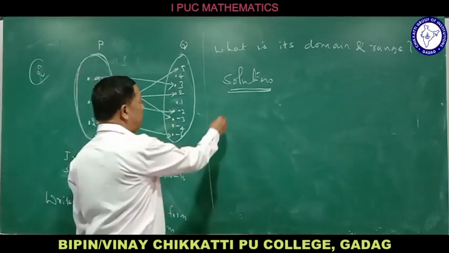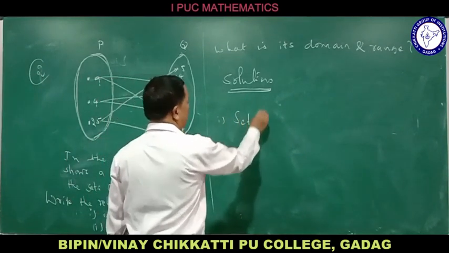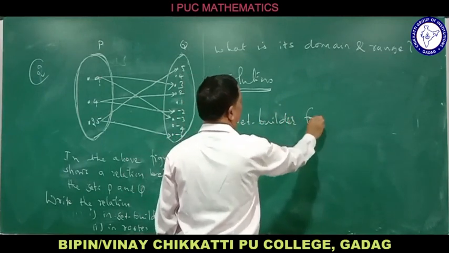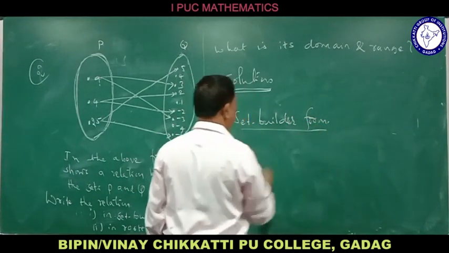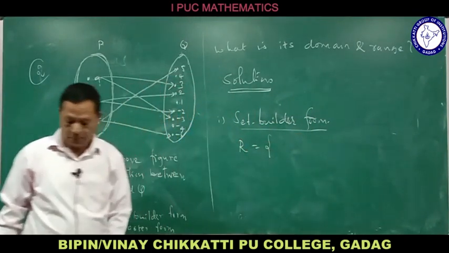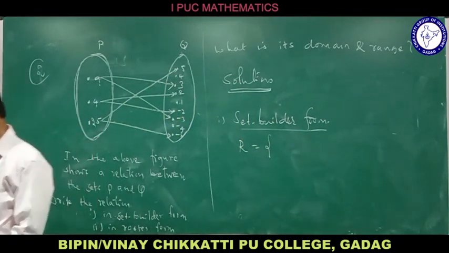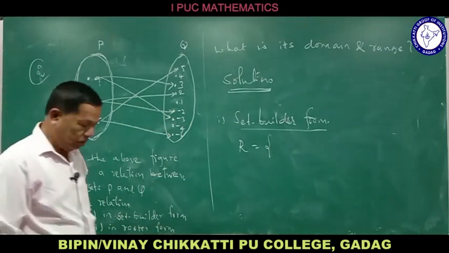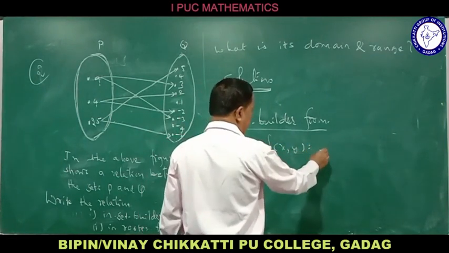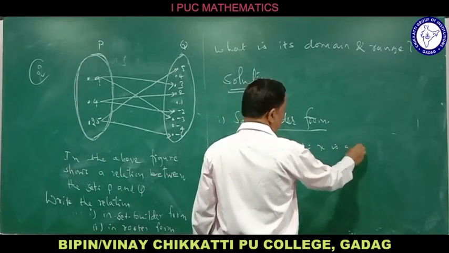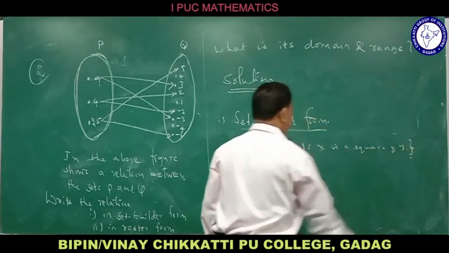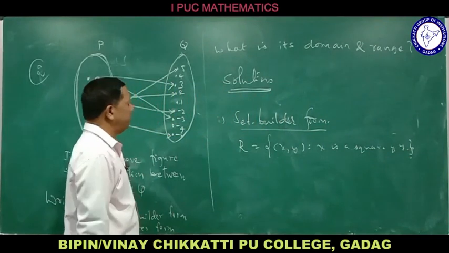Now, first I want to write in set builder form. How do you write this in set builder form? In set builder form, the relation R is the set of ordered pairs (x, y) such that x is the square of y. Do you understand? x is the square of y.